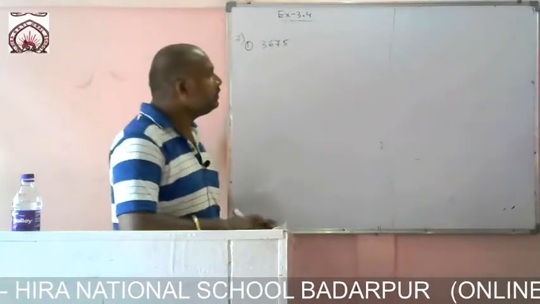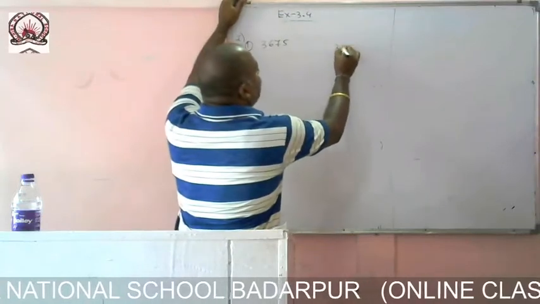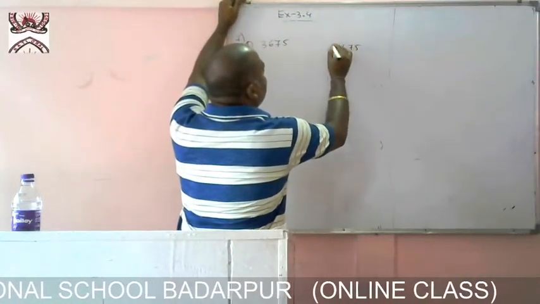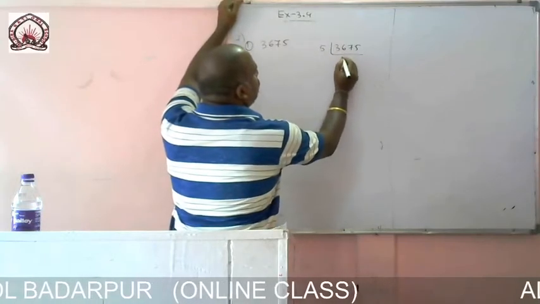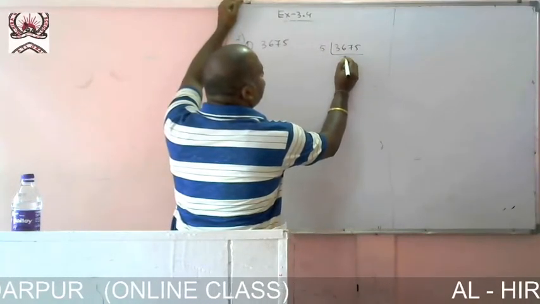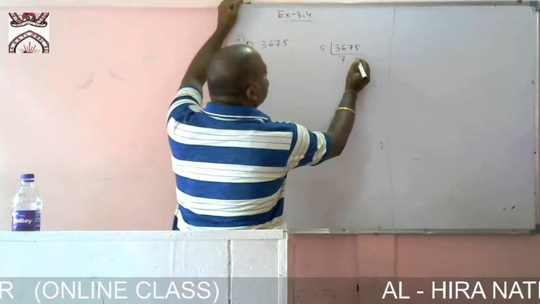Now if I divide it by 5, 7 5s are 35, 70.